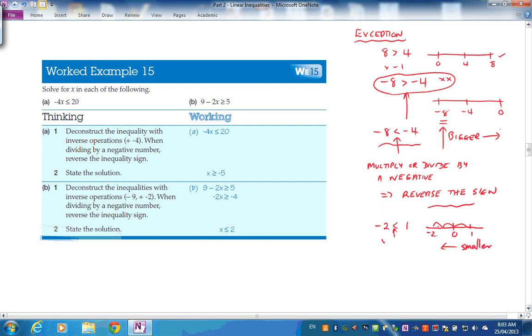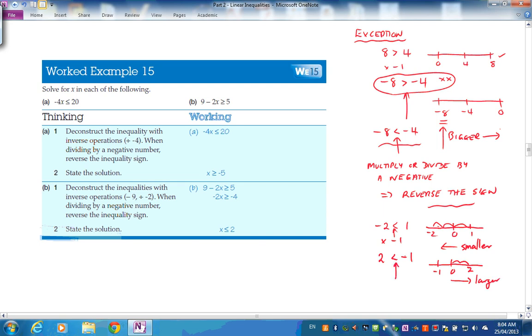Now if we multiply both sides or divide both sides by -1, this becomes 2 is less than -1 if I don't change the sign. Now is that true? Let's go, this is -1 now and 2's over here. That's not true. 2 is further to the right. It is bigger than -1.